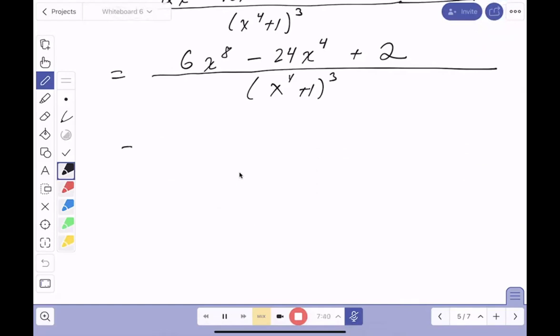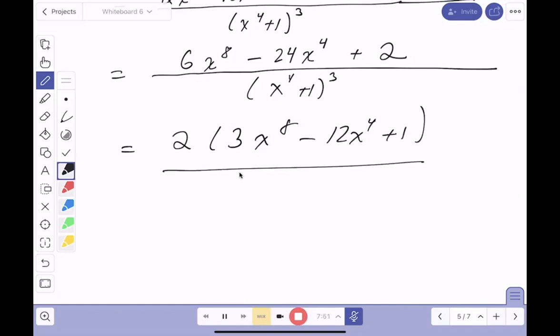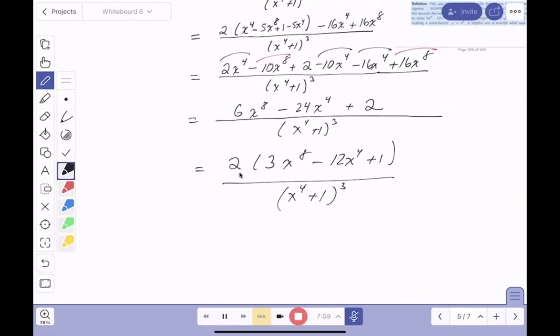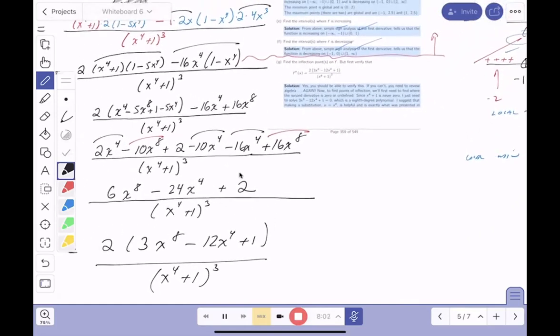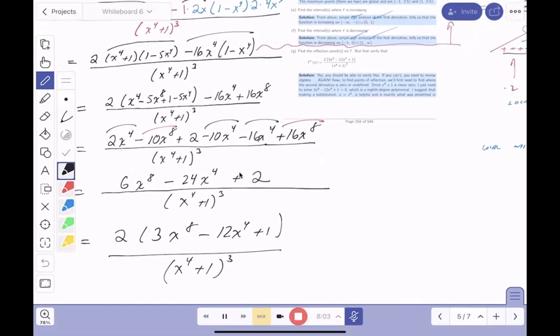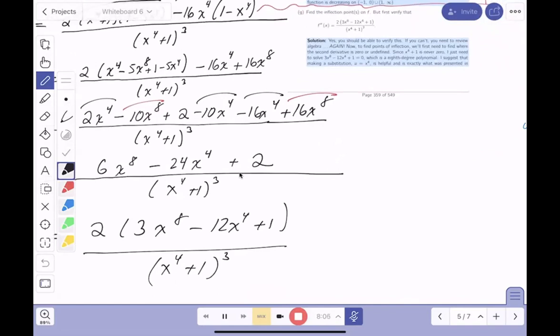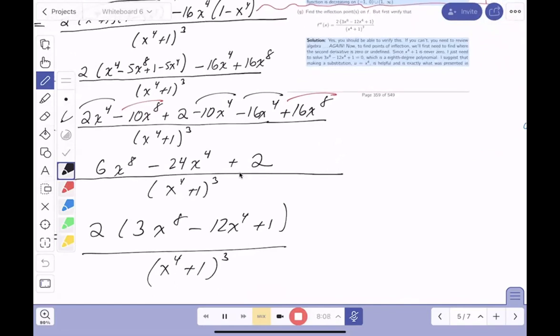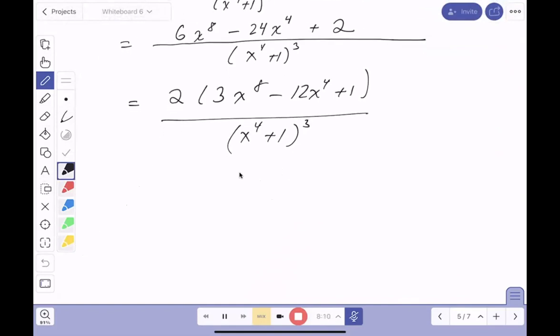Let's keep going. 2, 3x⁸ minus 12x⁴ plus 1 over x⁴ plus 1 cubed. I'm hoping I got the right answer. Let's take a look. 2, 3x. Miracle. Absolute miracle.